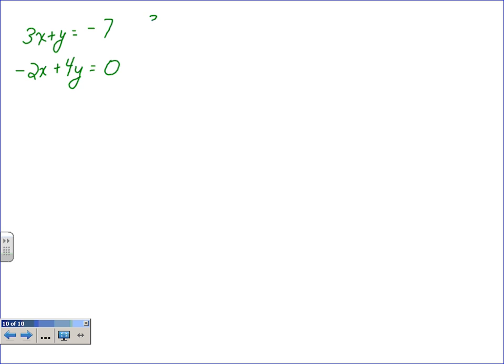So I want to take 3x plus y equals negative 7, and I want to solve for y. In order to solve for y, I'm going to subtract 3x from each side. And this tells me that y is equal to negative 3x minus 7.